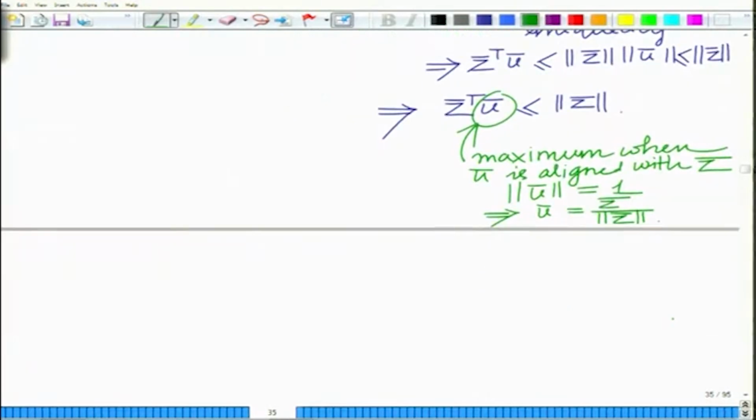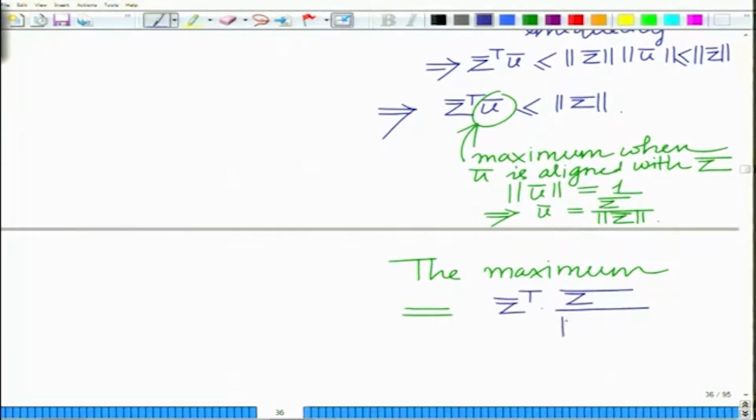So the maximum occurs when U bar is Z bar divided by norm Z bar, and the maximum equals Z bar transpose, substituting Z bar divided by norm Z bar instead of U bar. So this is norm Z bar squared by norm Z bar, which is norm Z bar.